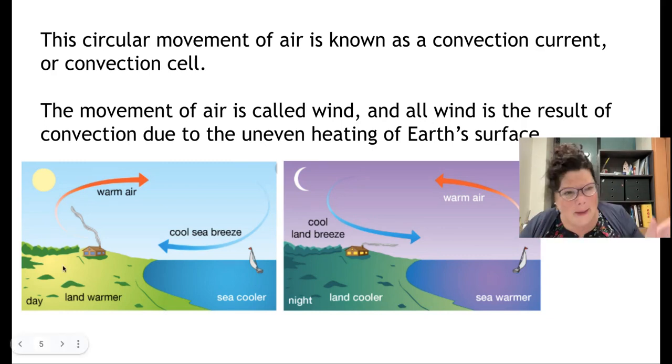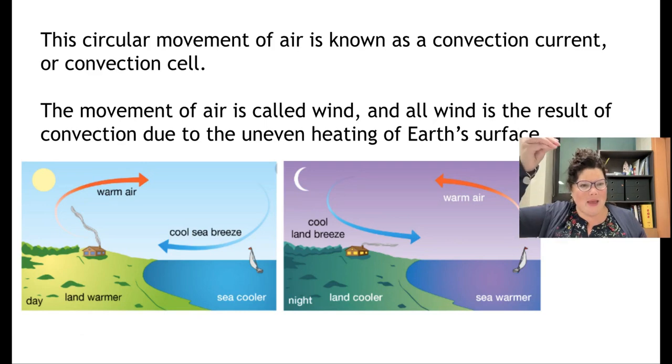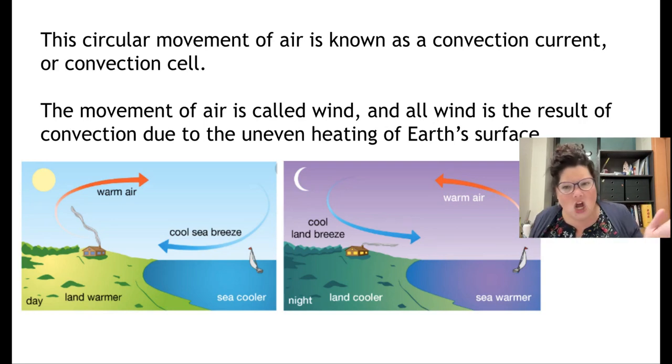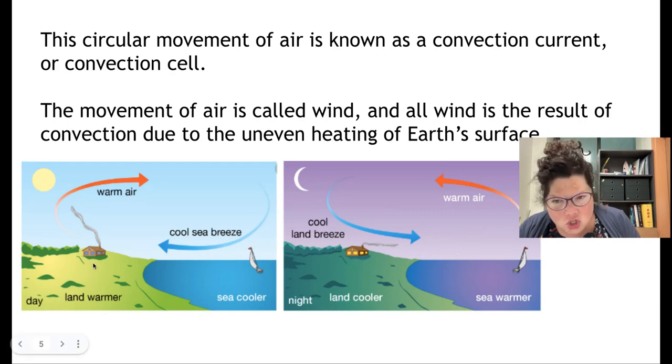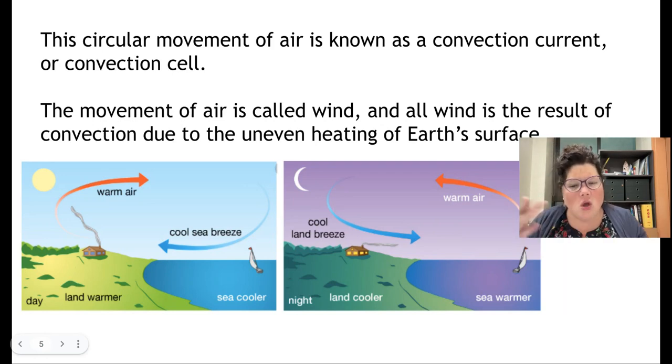When this happens, we get this cycle forming, and the difference between the warm air moving up and the cold air moving down causes a breeze on the shore. This breeze is going from the ocean onto the shore because of the change in pressure with the warm air moving up and the cold air coming down.